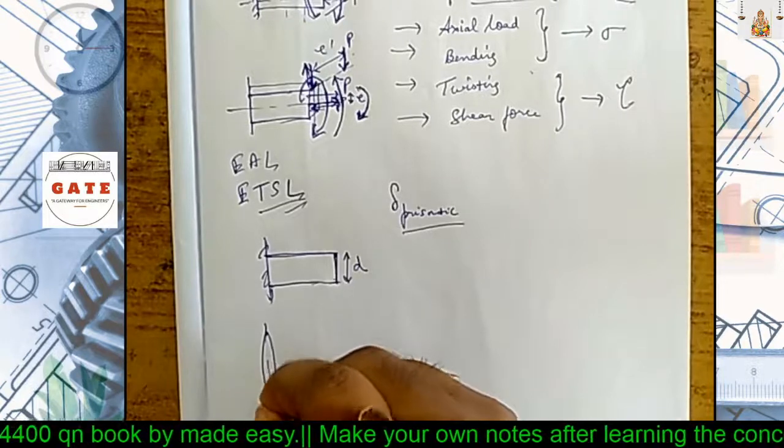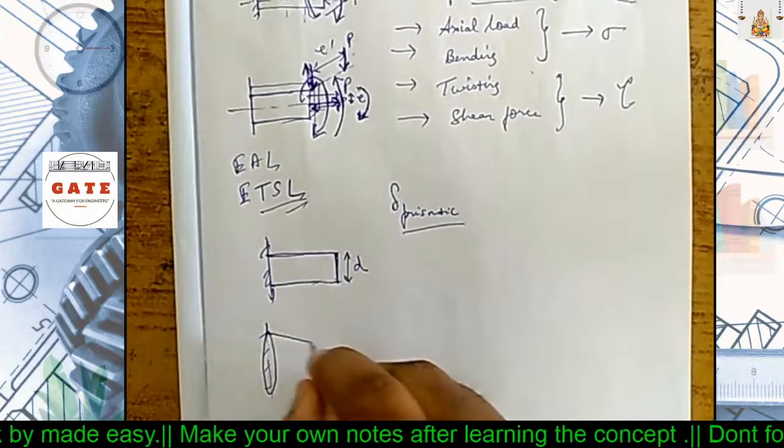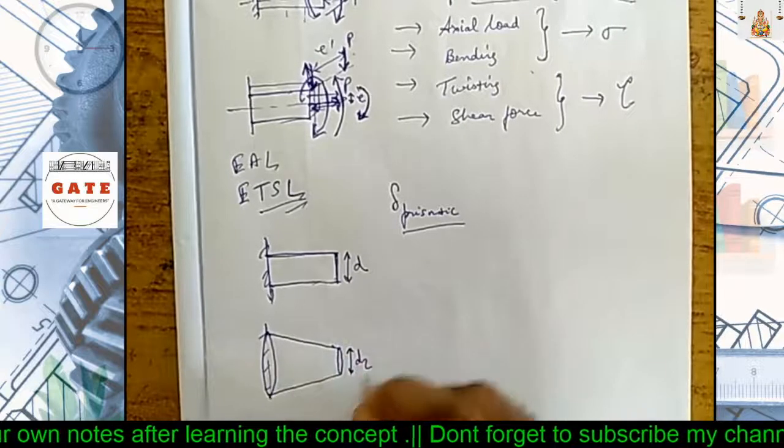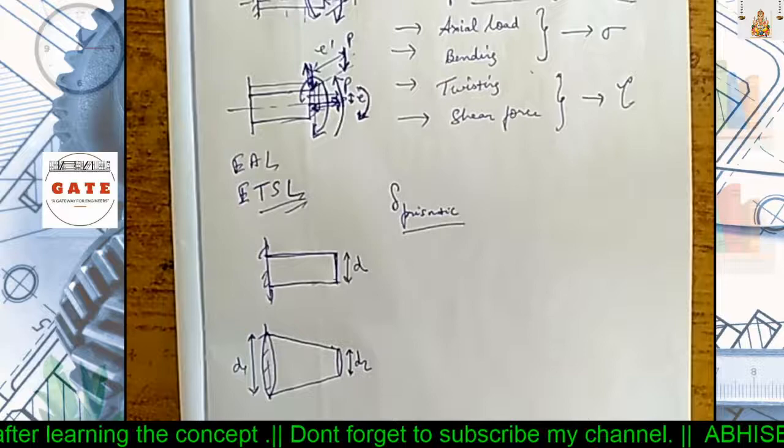And this is a tapered bar. That means here diameter is D1 and here diameter is D2.